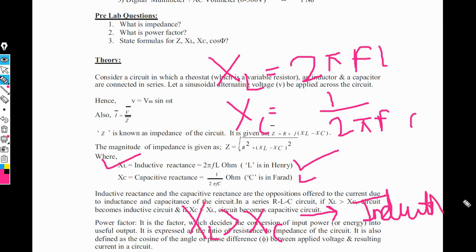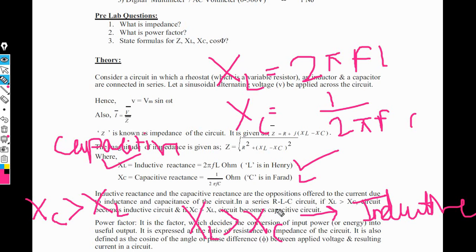If the value of XC is greater than XL, then it is called a capacitive circuit. These are the important differences.